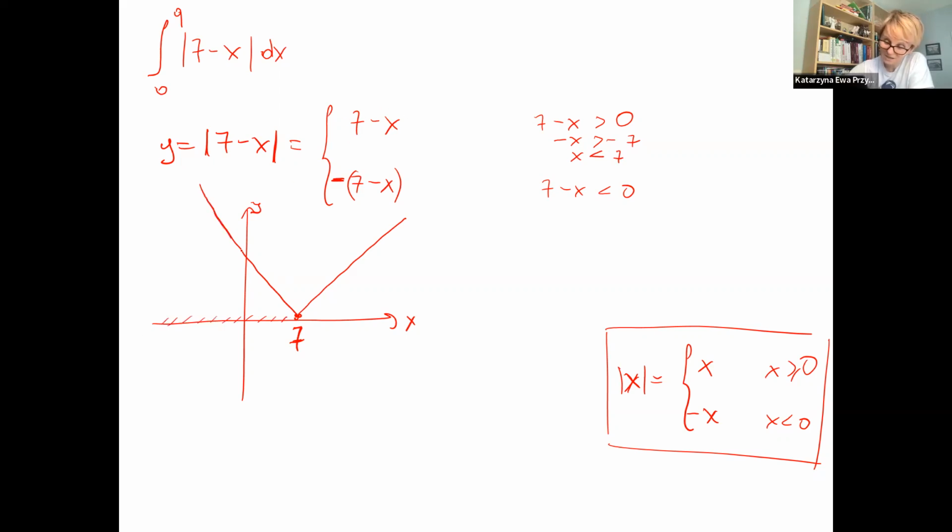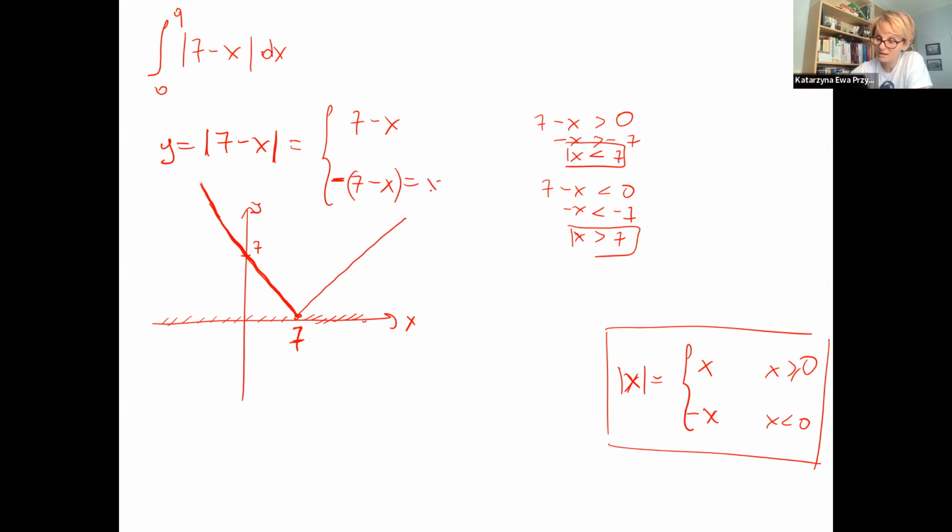And 7 minus x is this function. Negative slope, x-intercept 7, y-intercept also 7. But we are only accepting that line for x less than 7. That means we only accept this part. Yes, that's how we properly get this. Now, if x is less than 7, then I can solve this inequality. This is the domain. For x greater than 7, we will have that line.